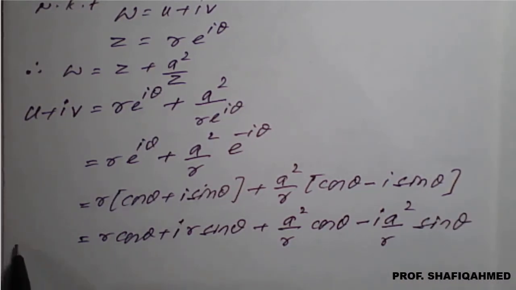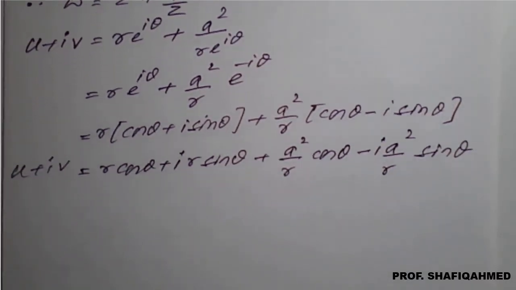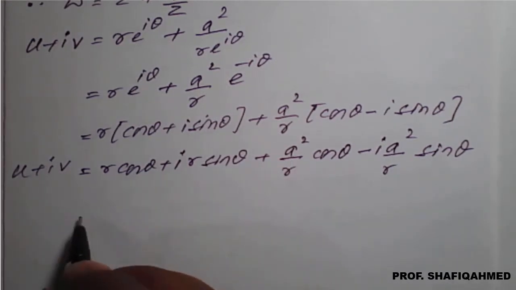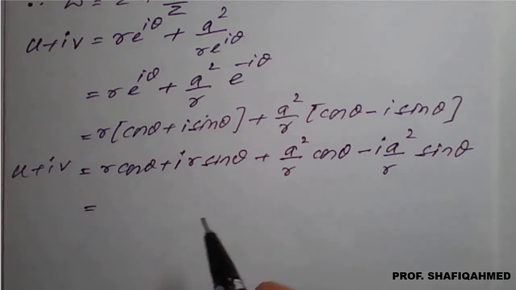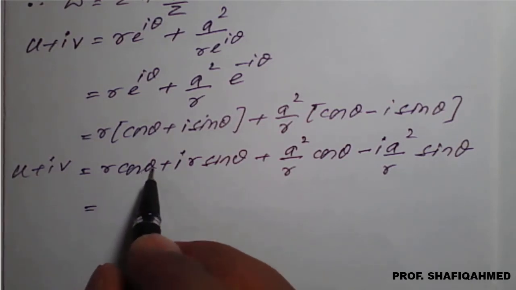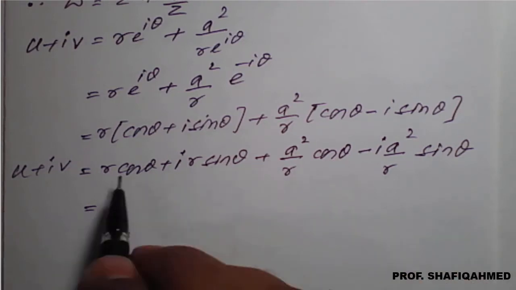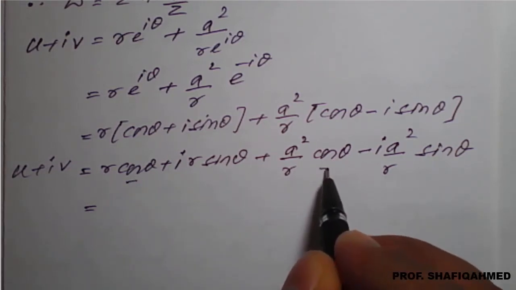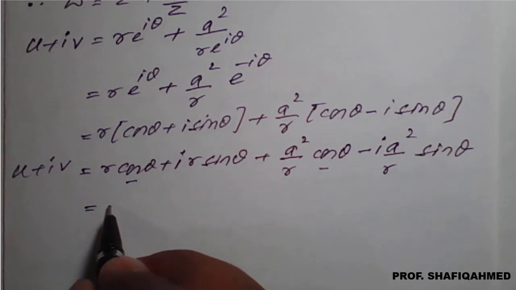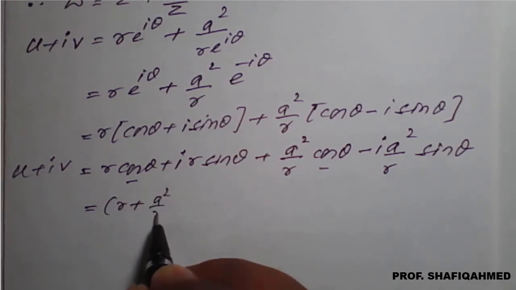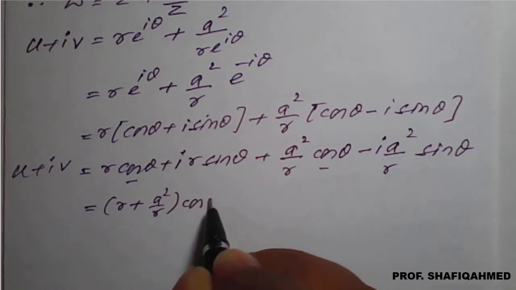Now our aim is to get the real and imaginary parts from this. From the right hand side, we arrange the real part on one side and the imaginary part on the other. Real parts are r cos θ and a²/r cos θ, where cos θ is common, so I can write it as (r + a²/r) cos θ.